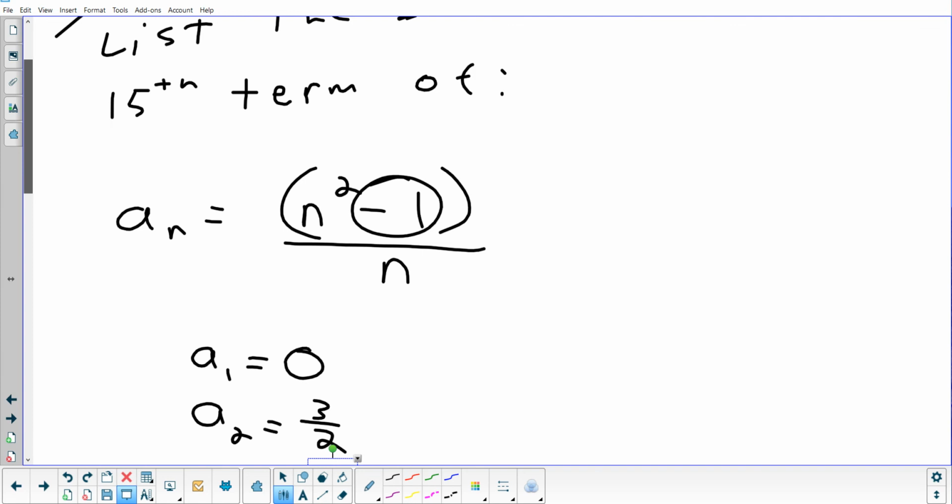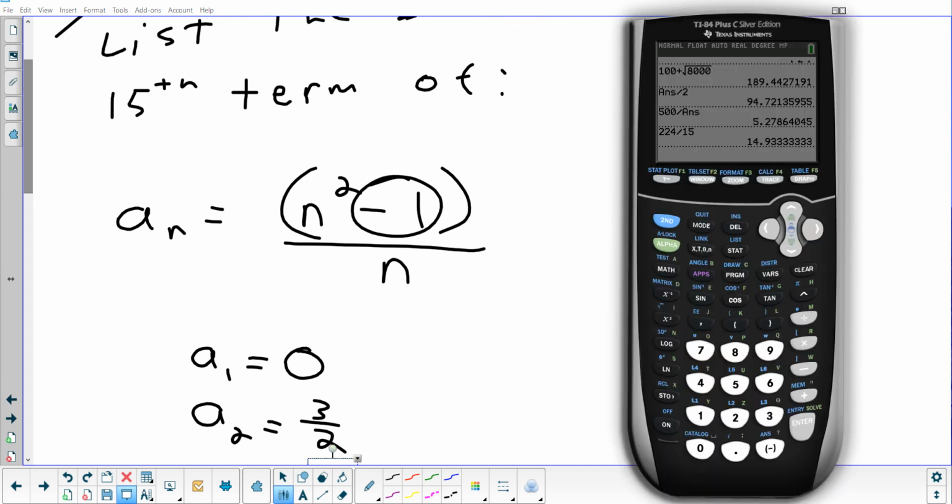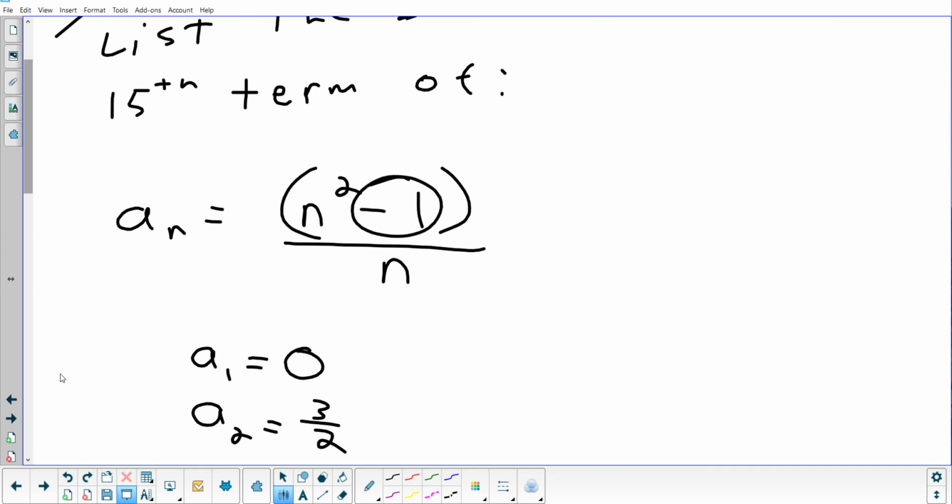Because 101 squared is 10,201 minus 1 is 10,200 divided by 100 is 102. Did you divide it by 100 instead of 101? Oh, you're right. Yeah, okay. That -1 is always going to cause it to be off by 1 in the numerator. So, if you didn't have that -1, then it'd be a little different.